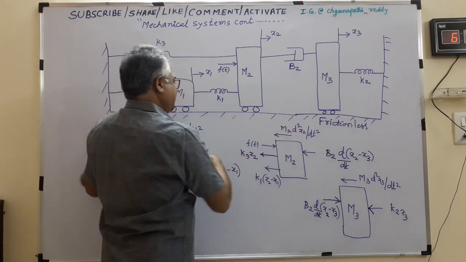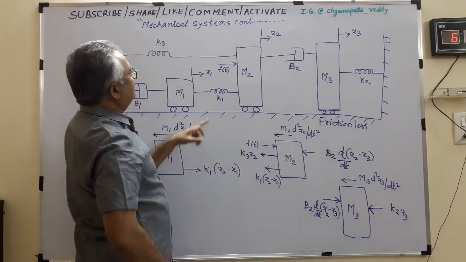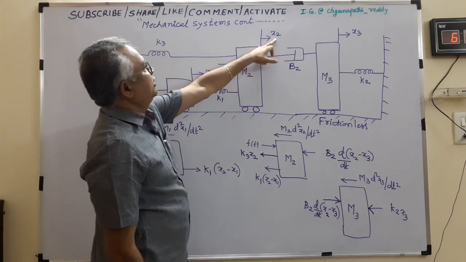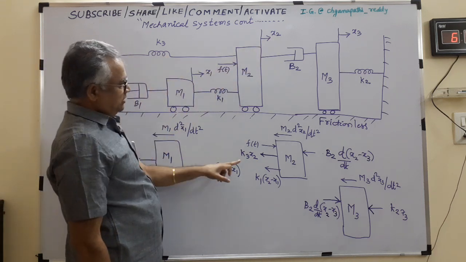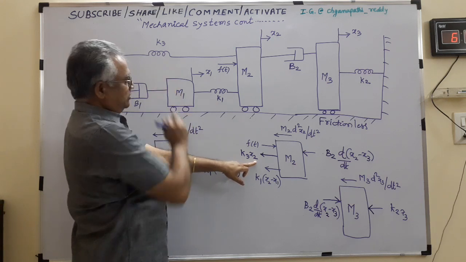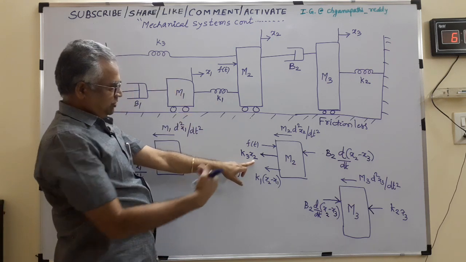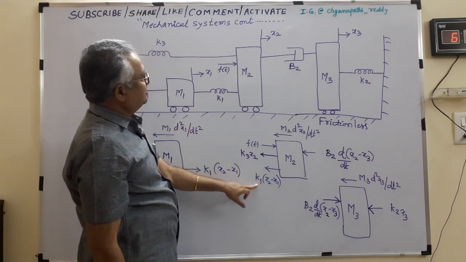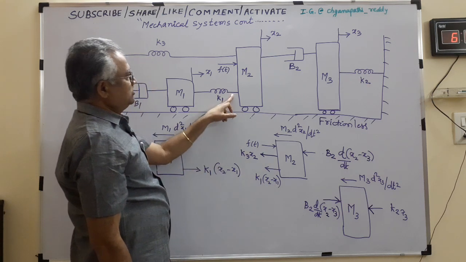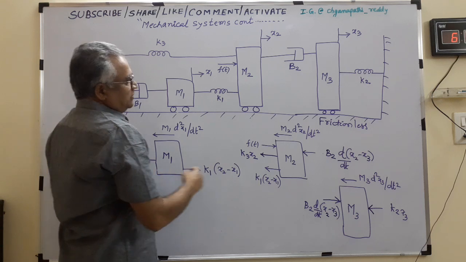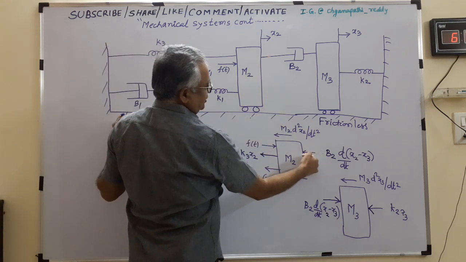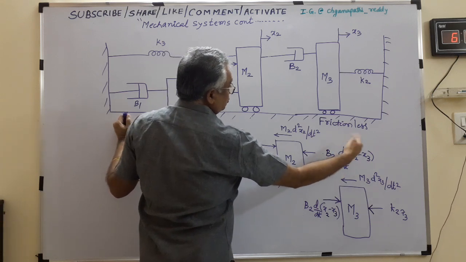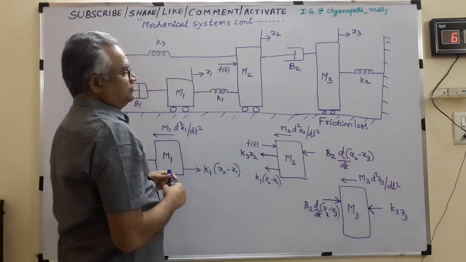Forces working against: one is K3 x2. When this is moving x2, the force here is K3 x2, in the opposite direction. Then in this also, K1 (x2 minus x1) is an opposite force. And in this, the opposite force is B2 d by dt of (x2 minus x3).